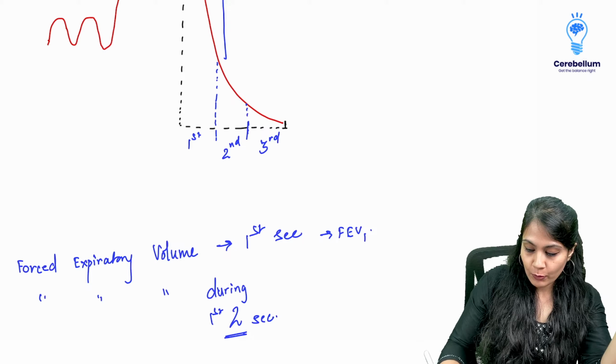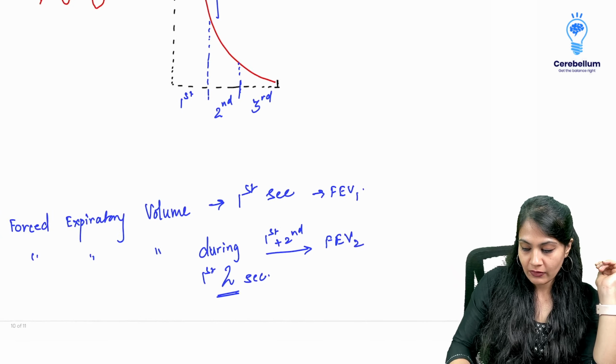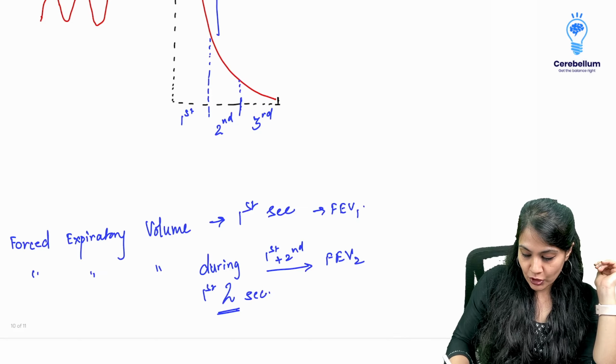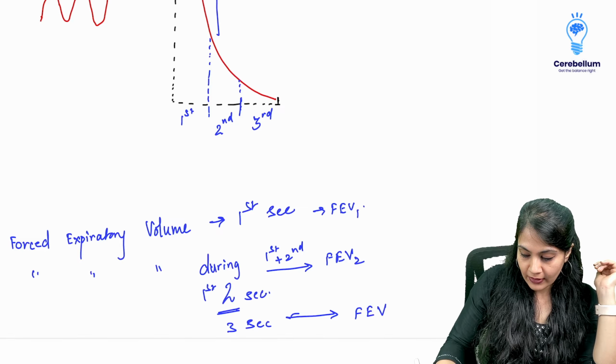First 2 seconds means I'm going to include the first second plus second. That I'm going to call FEV2. And if I measure that for the overall 3 seconds, that is 1 plus 2 plus 3, I'm going to call it FEV3.